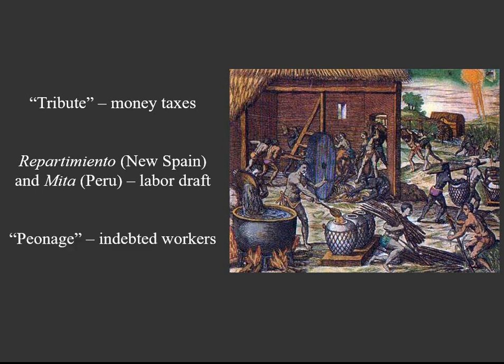Another system that emerged became known as peonage. And this is a debt-based system where landowners would hire workers, often native workers, and sometimes even poor Spanish workers who didn't have their own land. And they would sign them up to a contract where the worker would be given credit in terms of money or resources like seeds for planting in the spring or tools to use early on throughout the year.